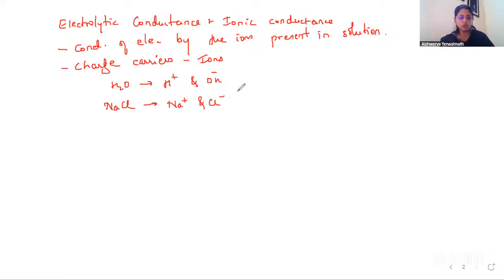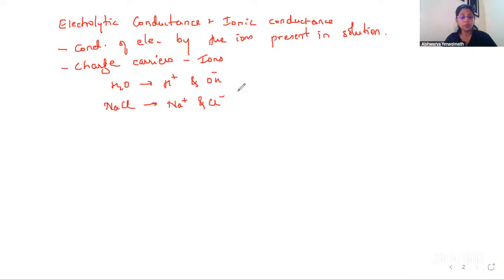Immersing the two metal rods in water, the bulb glows faintly, because H plus and OH minus do not carry that much current. Slowly you take a spoon of NaCl, add it and keep on stirring. Observe the bulb. The bulb that was glowing faintly, on adding NaCl and stirring, starts glowing much brighter.